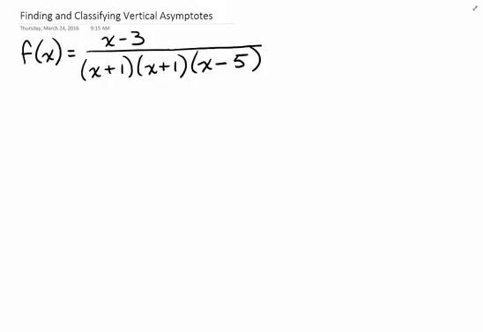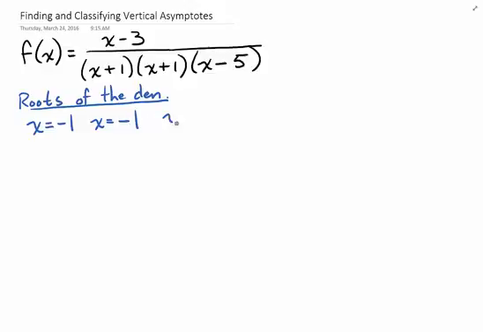And of course, in factored form, it's easy to see that the roots of the denominator are x equals -1, x equals -1 again because it's a repeated root, and x equals 5.